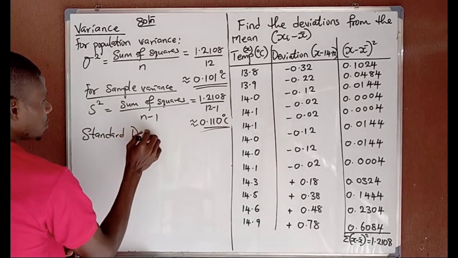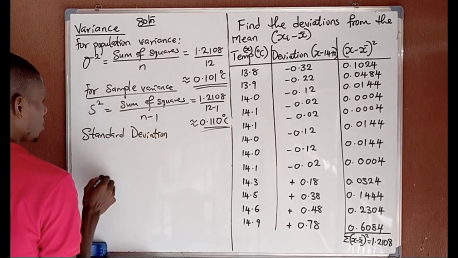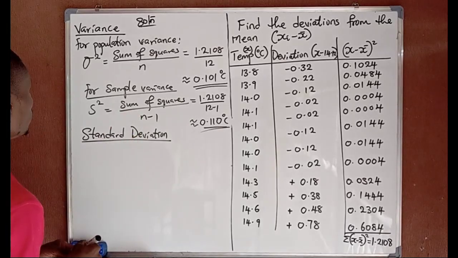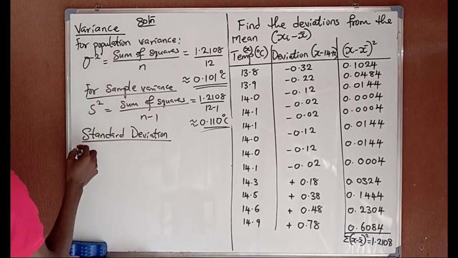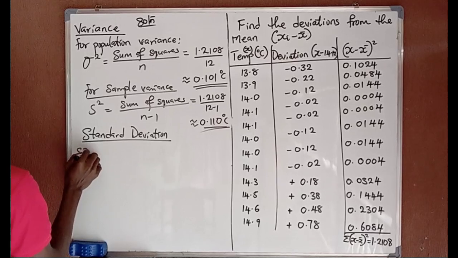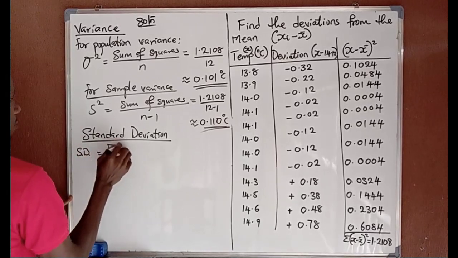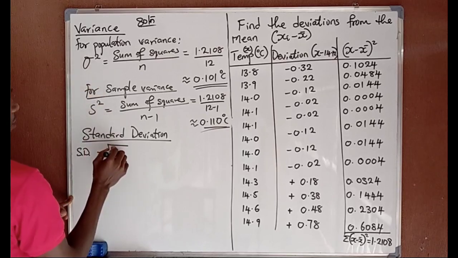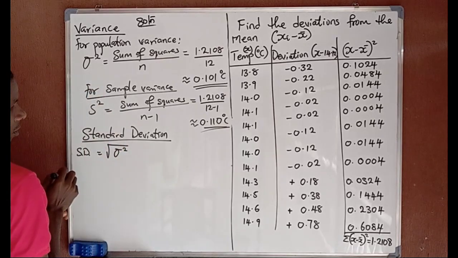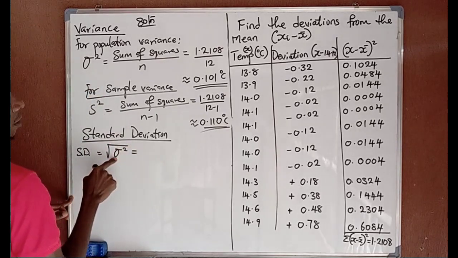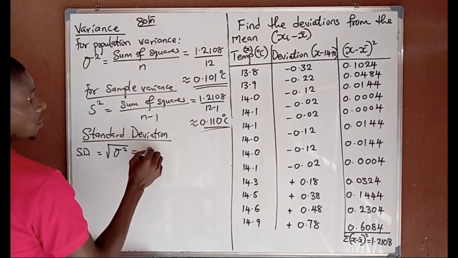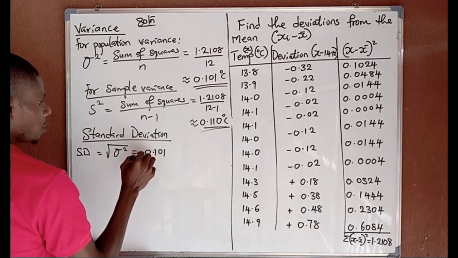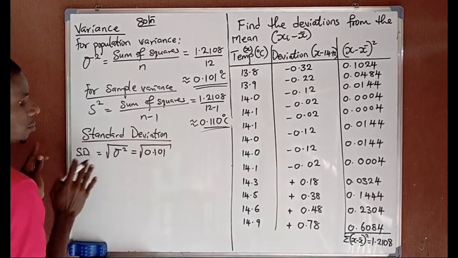Now, let's solve for standard deviation. Like we said earlier, it is the square root of the variance. So standard deviation is equal to the square root of the population variance, and population variance is 0.101, so we are square rooting both sides.